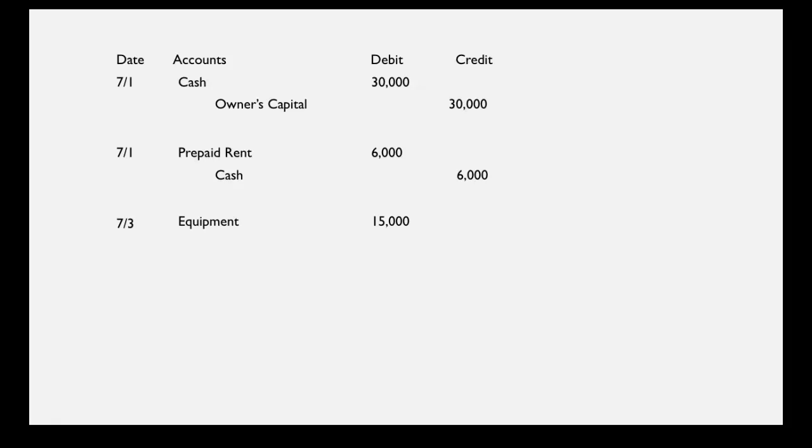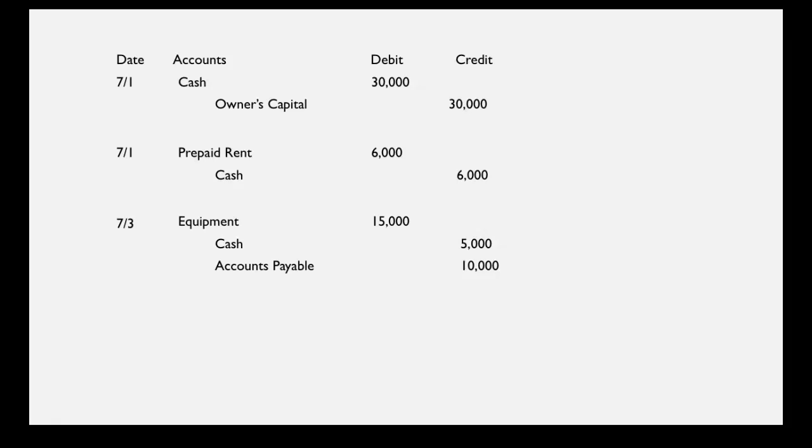Now, how did we pay for this equipment? Well, some of it was a down payment with cash. So we show that our cash went down by $5,000 by crediting cash for that amount. And then the remainder is on account. What that means is that we are going to pay the remainder later. And whenever we are going to pay something later, we are thinking of a payable account.